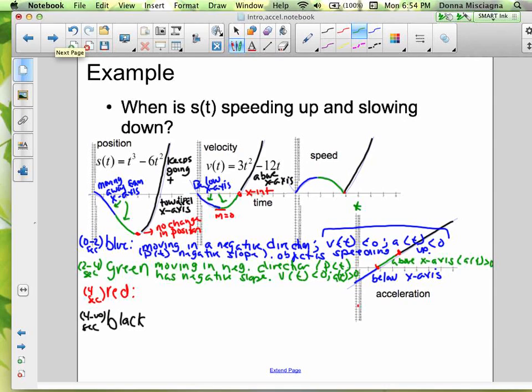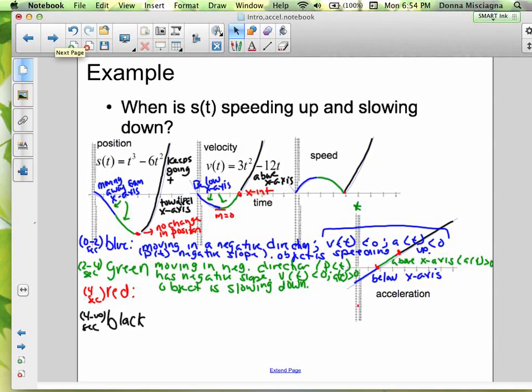Notice they do not match, and that does mean the object is slowing down. And by the way, I think this one might be in your notes. I'm sure, in fact, I'm sure it is. So follow along with me and just fix the part where I had a boo-boo.